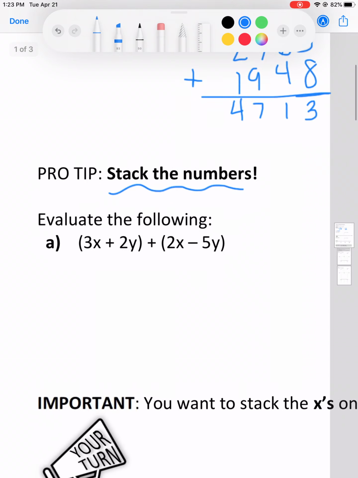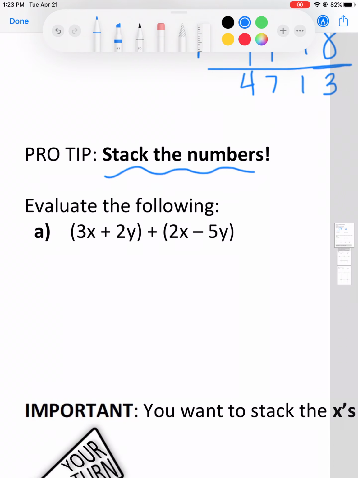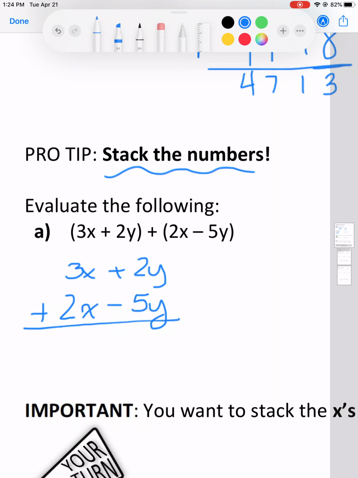Now what we're going to do is do it with letters. I know all of you love letters, and some of you are like, oh my god, why do we have letters in math? Yeah, okay, whatever. So we're going to add these two terms together: 3x plus 2y plus 2x minus 5y. As you know, we have to collect like terms.